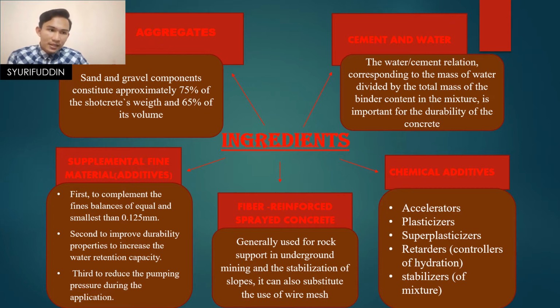The next chemical additives are plasticizers and superplasticizers, which increase the fluidity of the mix without increasing its water content. Then, chemical additives that are retardants, controllers of hydration, are required for maintaining the fluidity of the concrete during transport.